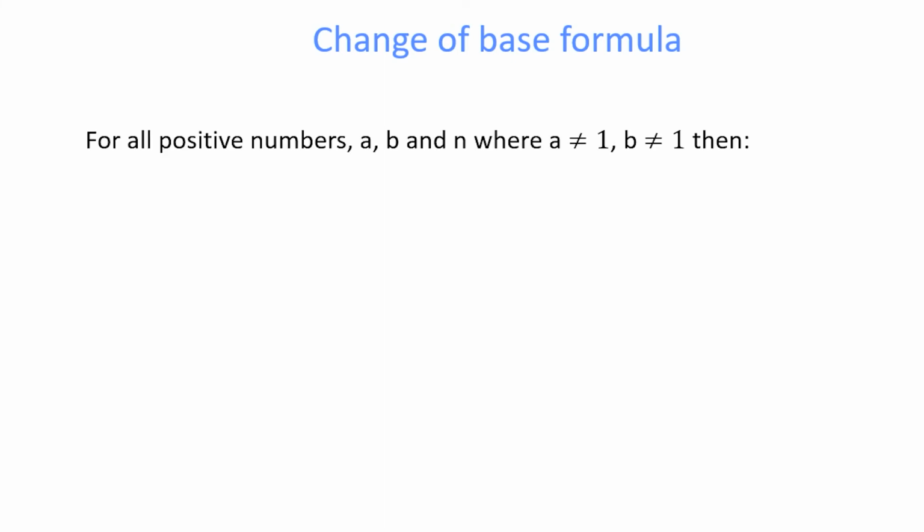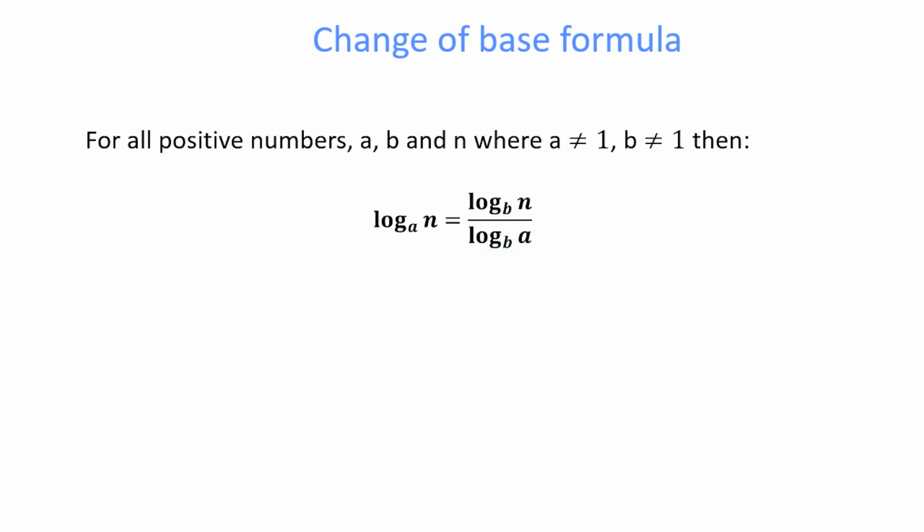For all positive numbers a, b, and n, where a is not equal to 1 and b is also not equal to 1, log base a of n equals log base b of n over log base b of a. I hope you noticed that here we had a base of a, and on the right hand side we get the new base in the numerator and the denominator as well.